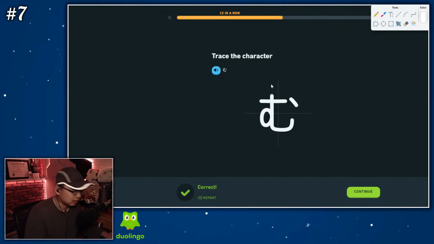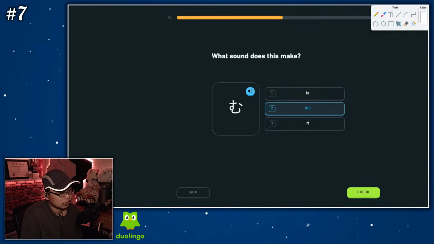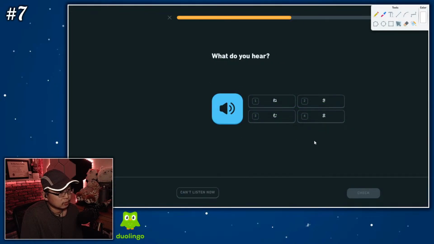Okay, if we really straighten it up, if we do this, a little bit bigger than that. Yeah, something like this. If we slow down, we can get it. But fine, it's good enough. So this is moo.